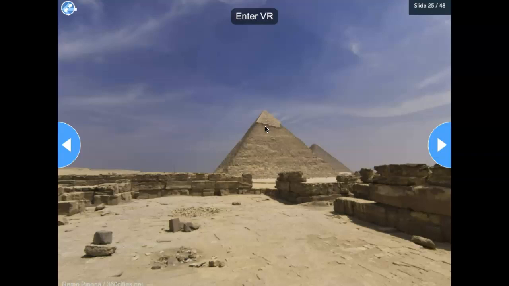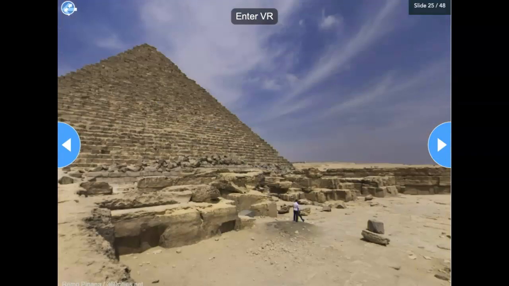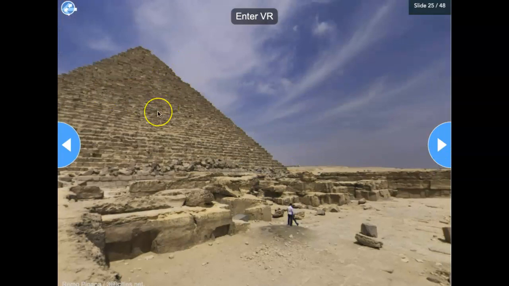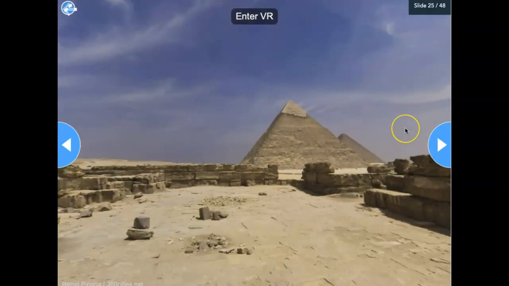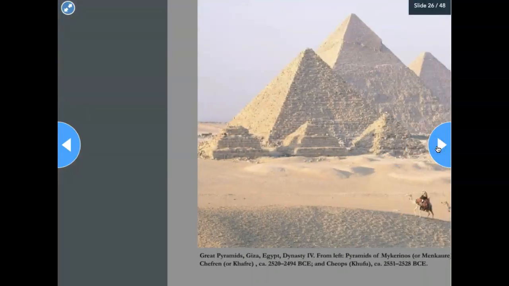In fact, what happened is over the years, over the thousands of years, people stole and removed a lot of this. So now the pyramids look like this. But they were not meant to be seen with all the steps like that. You would have seen them perfectly smooth in the sun and shining in the light.